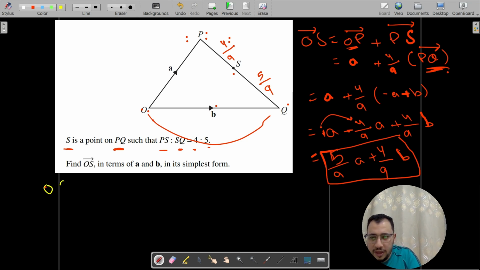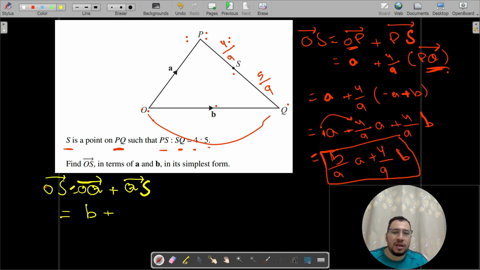OS equals OQ plus QS. OQ, you know already with what? With B. And QS, please pay attention to the next part here. QS, you can see it's a fraction here.